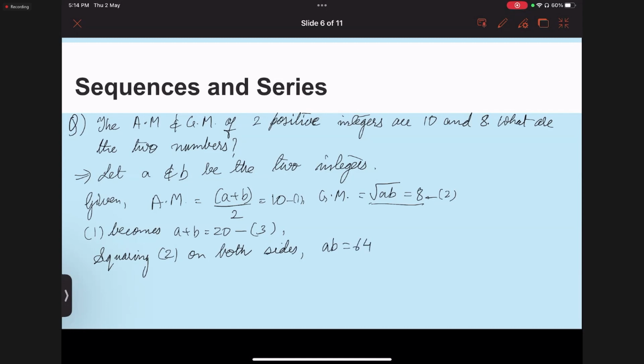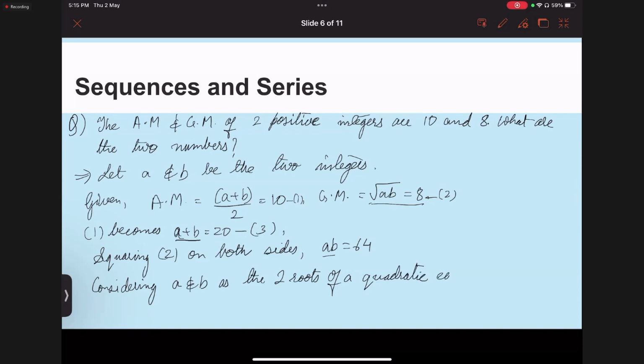Now we will see that you can actually consider your A and B as the two roots of a quadratic equation.